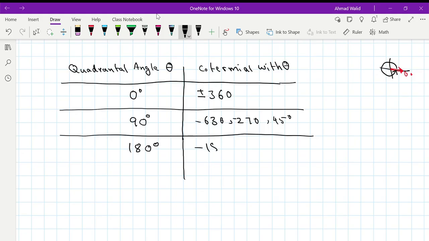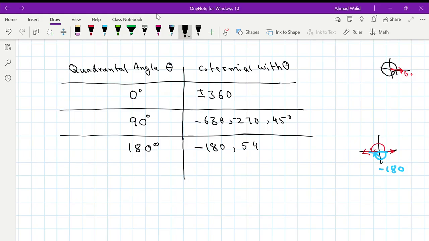What are the coterminals for 180? Negative 180 can be a coterminal because you see, let me draw with red, if this is positive 180, correct, this way. If I go the negative way, draw an angle like this, then negative 180 is coterminal to 180, correct? What else can be?